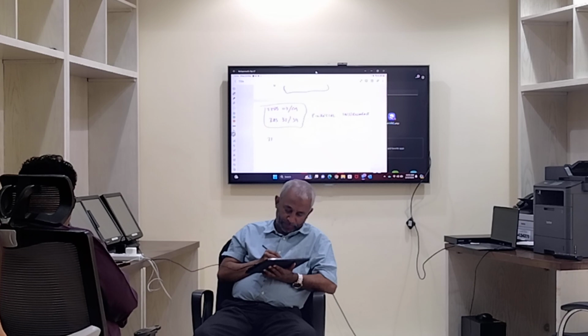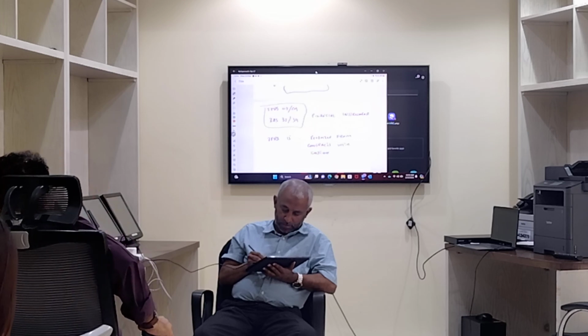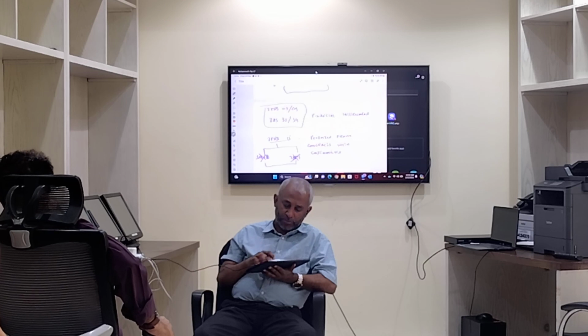Next is IFRS 15, revenue from contracts with customers. Before, they used to have two standards, IAS 18 and IAS 11. They cancelled and merged them and came up with IFRS 15.